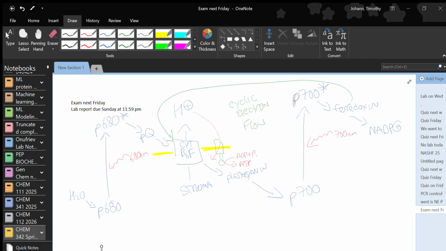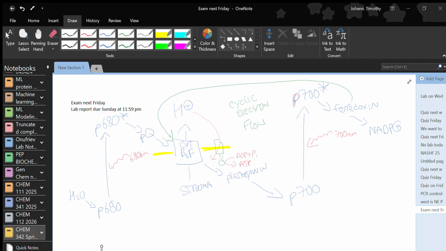Certainly if you have a lot of light and you've made all the stuff you want to store, you might still want to run ATP to just run things, right? To run various enzymes, and you might run out of this, depending on what's going on. But I don't know what the exact conditions are.